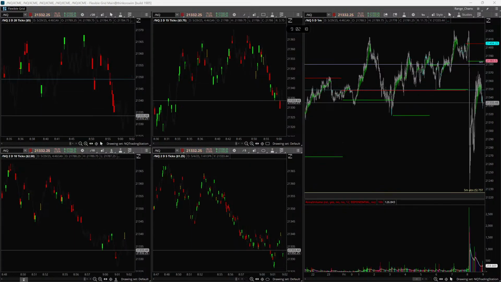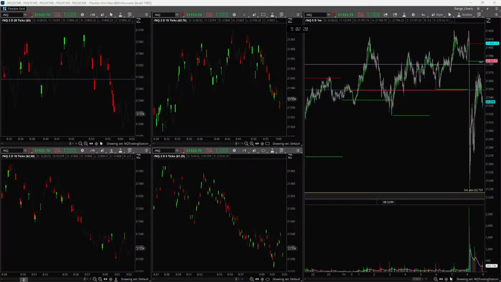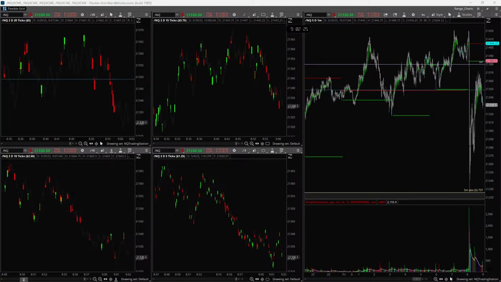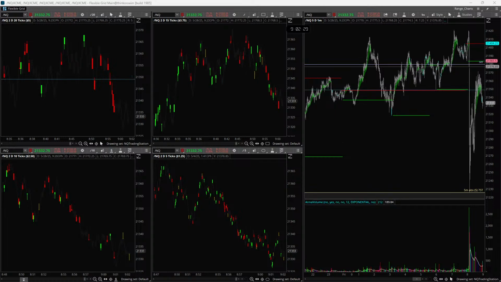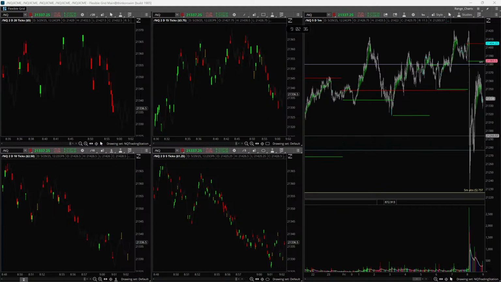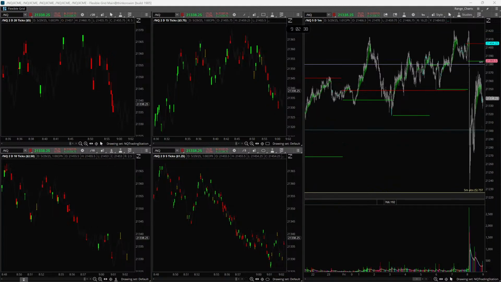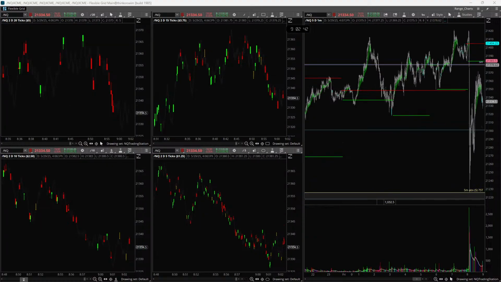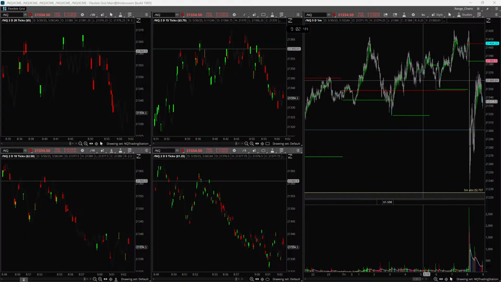So we got the high here. Low here. Get rid of that. That's a nice hit area, nice hit. Alright, and then settlement price will come back to you later.